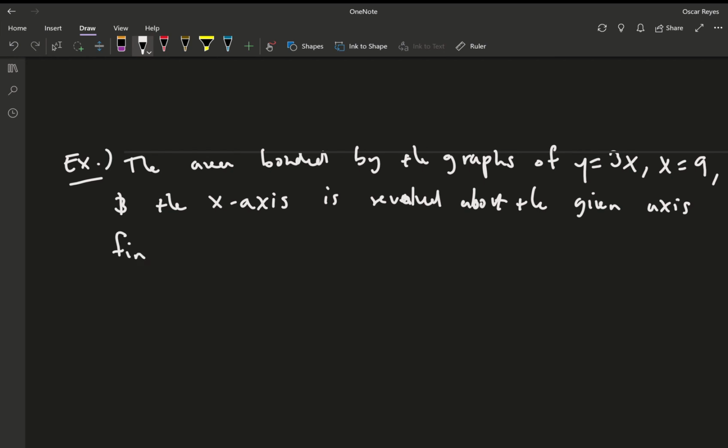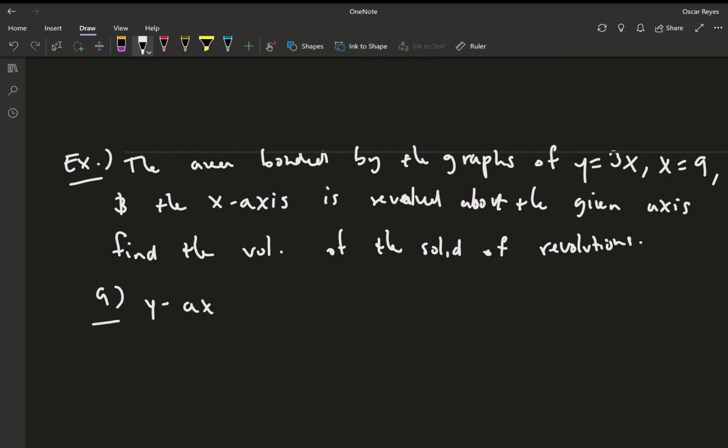Find the volume of the solid of revolutions. So we're going to revolve it around the y-axis, and B, we're going to revolve it around x equals -2.